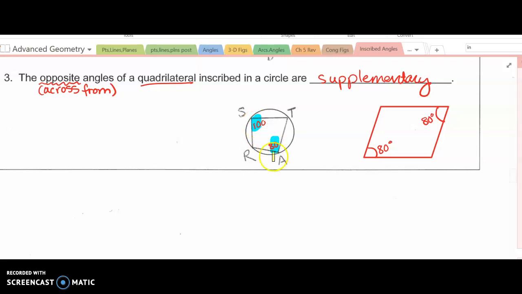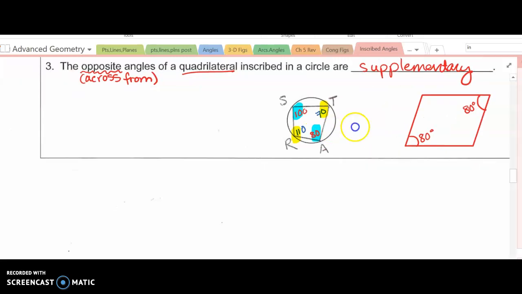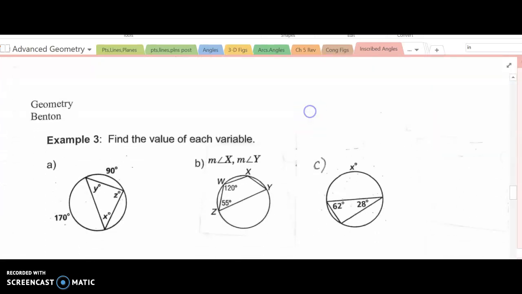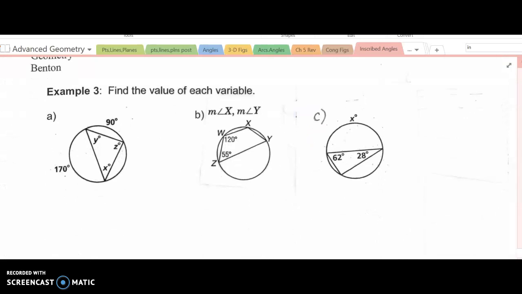And the same thing goes for the other two opposite angles. If this is, I don't know, 70, I'm just making up numbers, then this is 110. They have to add up to 180. So be sure not to get that confused with our properties of parallelograms. All right, so let's look at example 3 then.